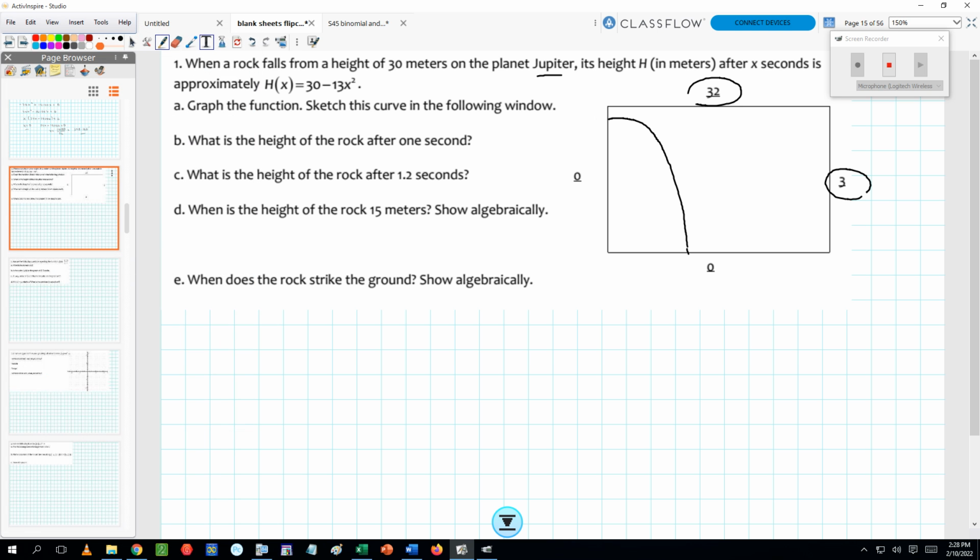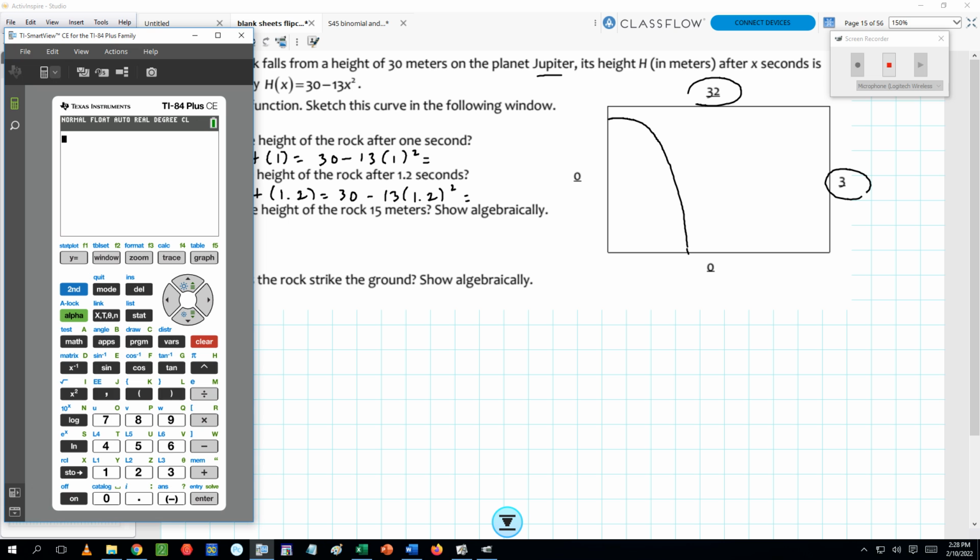What is the height of the rock after 1 second? So basically we're just figuring out what h of 1 is. We'll plug a 1 in. We're going to do something similar with the 1.2. 30, and I'm going to type that out on my calculator.